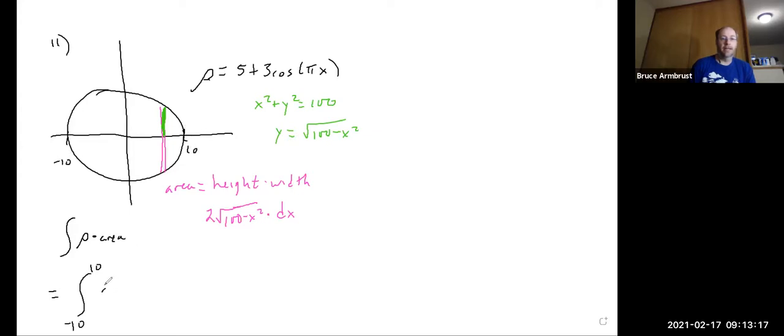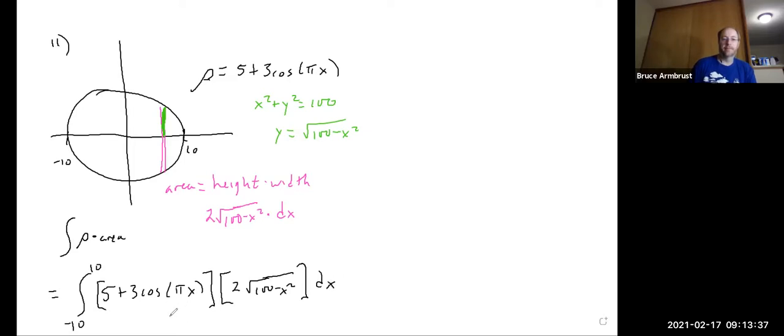We're going to get its density, 5 plus 3 cosine of pi x, and multiply that by the area, so 2 square root of 100 minus x squared dx. So there is the setup for this integral.